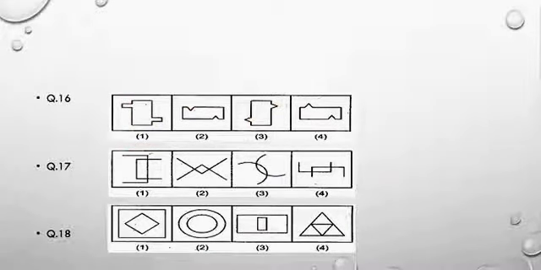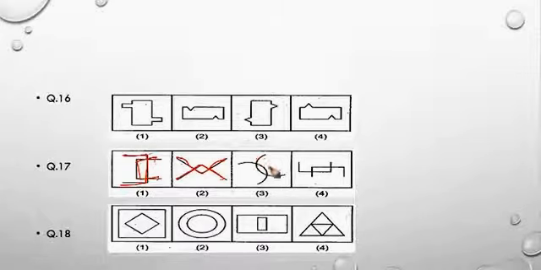Now let's move on to question 17. In problem figure 1, there are two identical shapes given which are intersecting each other from the middle. Similarly, in problem figure 2, there are two V-shaped figures which are intersecting each other from the middle.